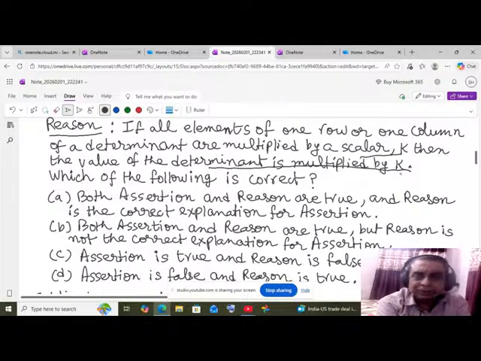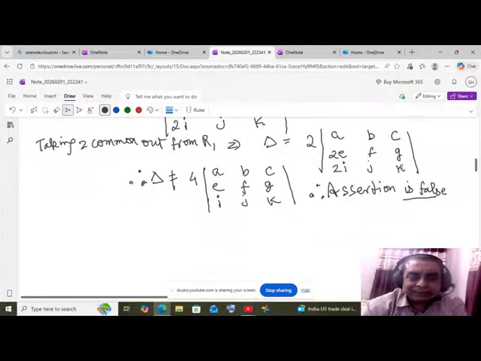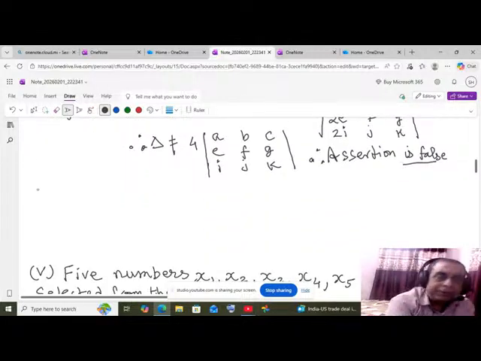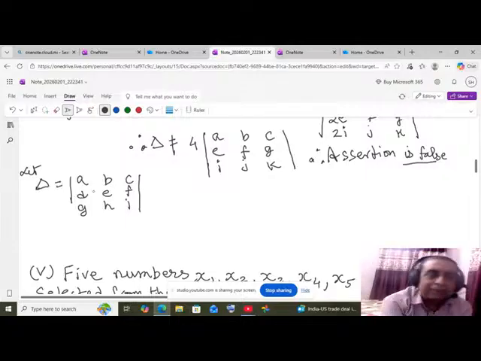It is true. We know that if a determinant is, let's say, a b c, d e f, and g h i, then if I multiply every element of any row or column by a constant, the whole determinant is multiplied by that constant.